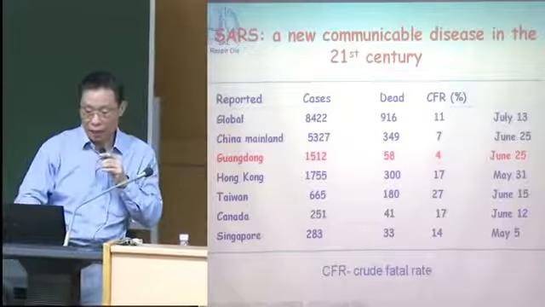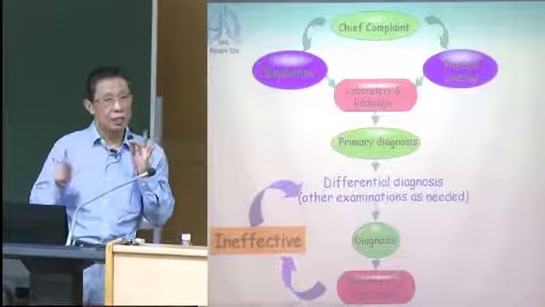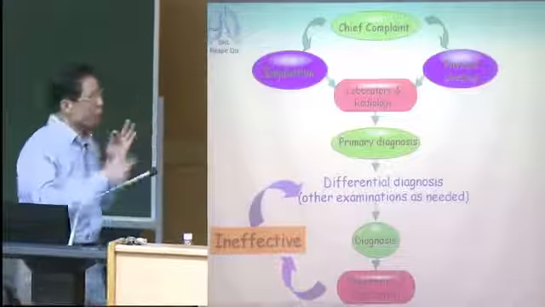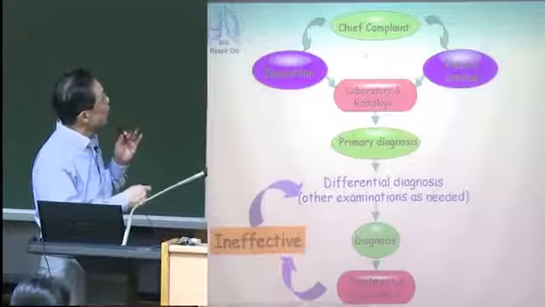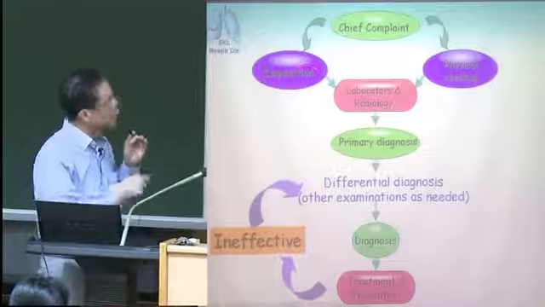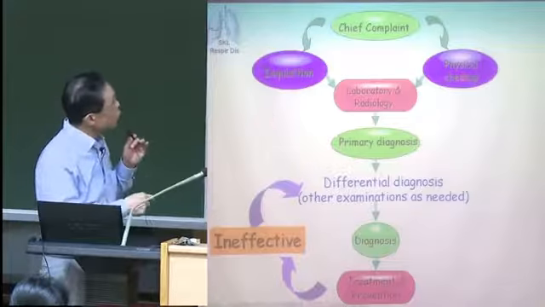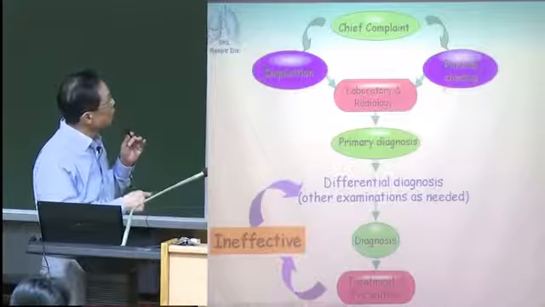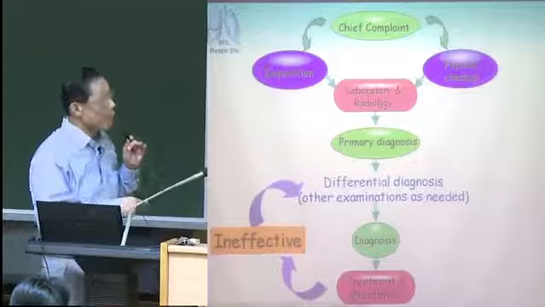So going back to this history, we should think about what internal medicine is. We should get some data from the patient's complaint. After inquiry or interrogation, physical checkup, and laboratory and respiratory data, we get a primary diagnosis.